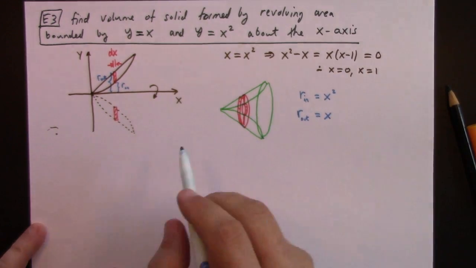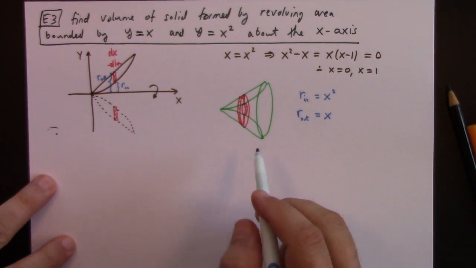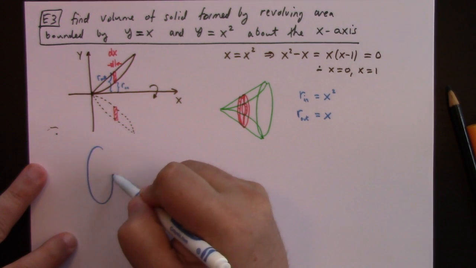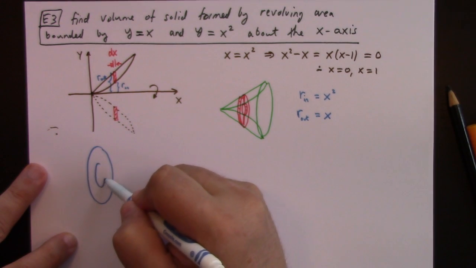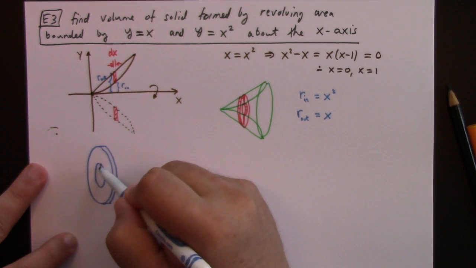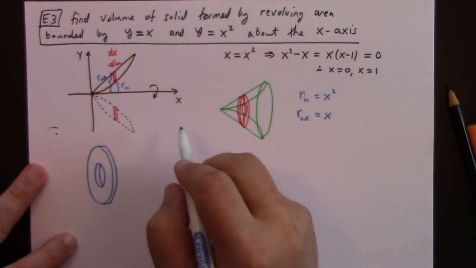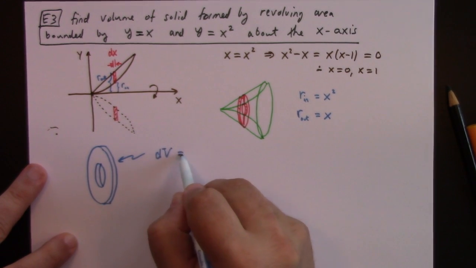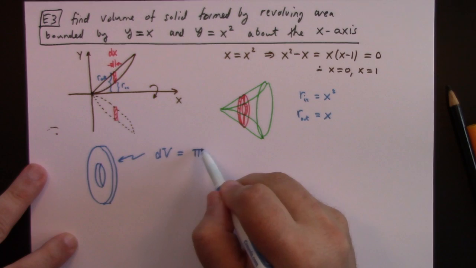I guess I'll draw it over here again. So basically, we're looking at this. Anyway, so what's the volume of this thing? Well, dV is the area, right?